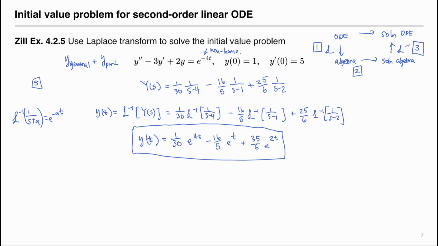In conclusion, we have solved ODEs using the Laplace transform for first and second order linear equations. And we have seen that this process, although the algebraic problem is tedious, is far simpler than solving the general solution and then solving the particular solution for the original ODE.